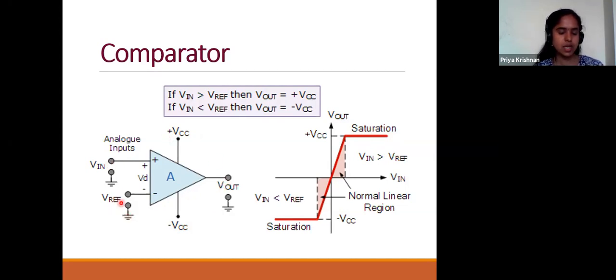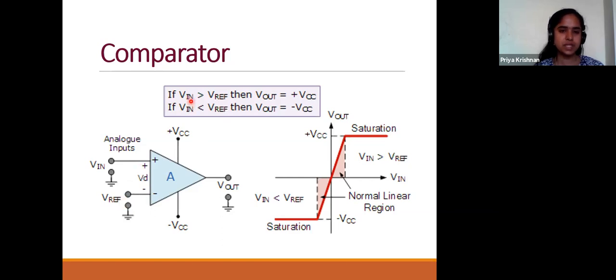To one input, I have connected a reference signal. The reference signal is 2 volts, for example, connected to the inverting terminal, and to the other input I have applied some continuous signal. So always this input will be compared with the reference.